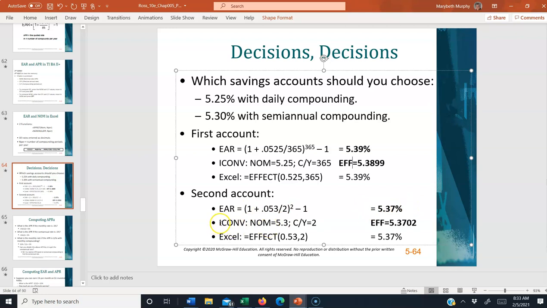Using the calculator, it's ICONV, NOM equals 5.3. The compounding periods is 2, so that should give you an effective rate of 5.3702. And in Excel, we would use Effect and get 5.37.